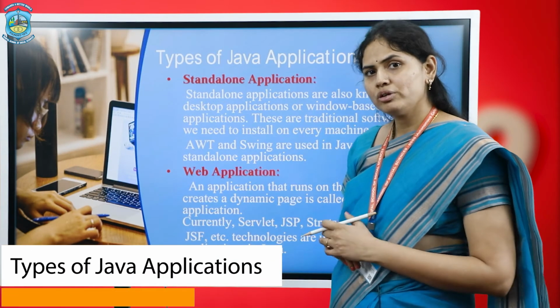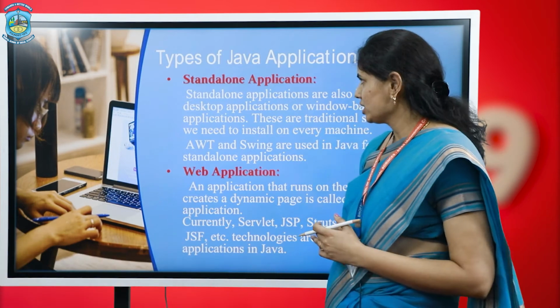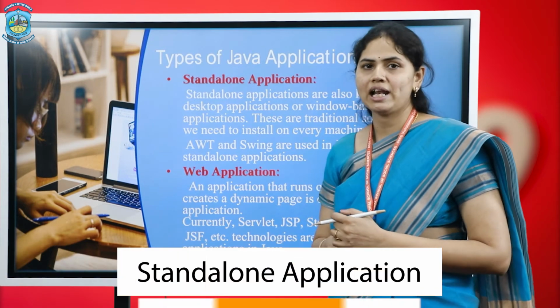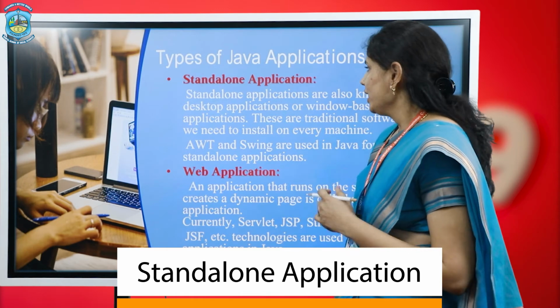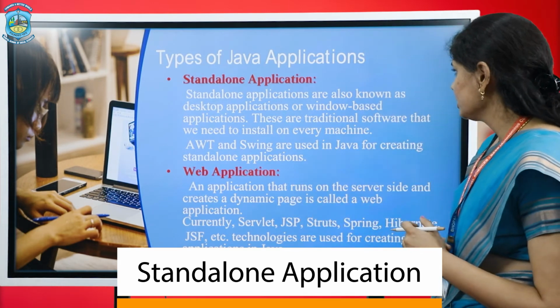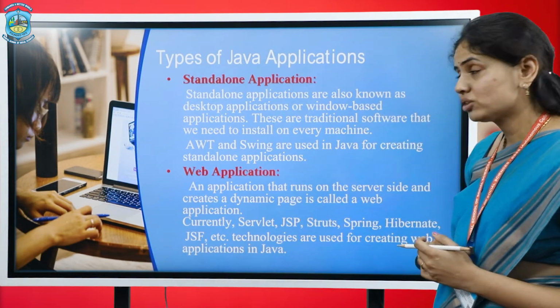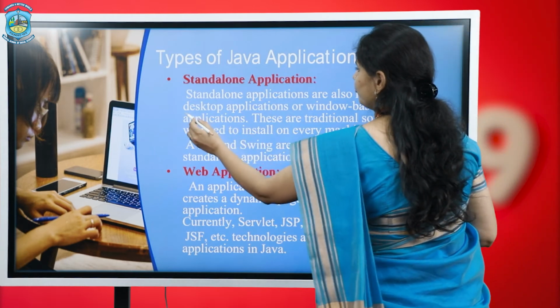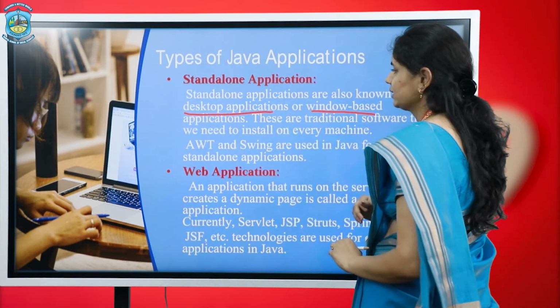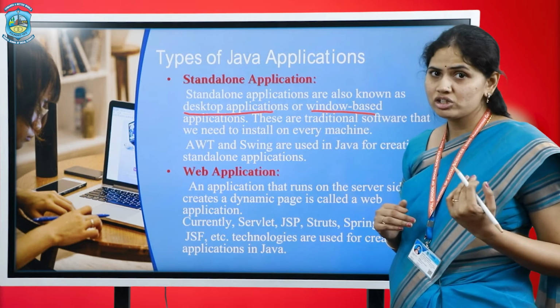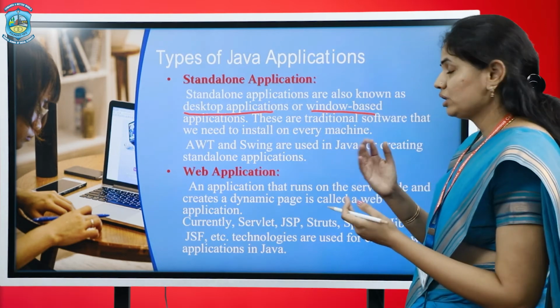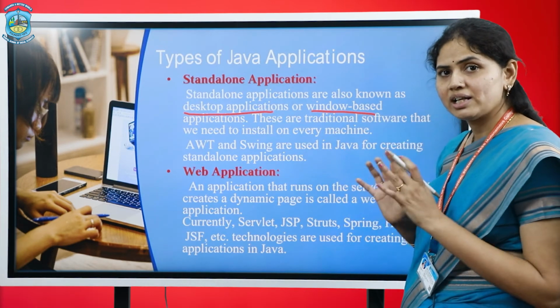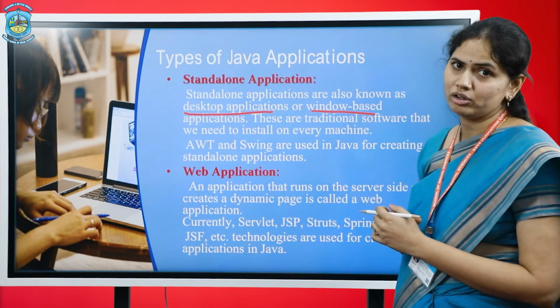So there are 4 types of Java application. The first one is standalone application. Standalone applications are also known as desktop applications or window based applications that we used traditionally. We need to download the software in our system and then we can work on that.